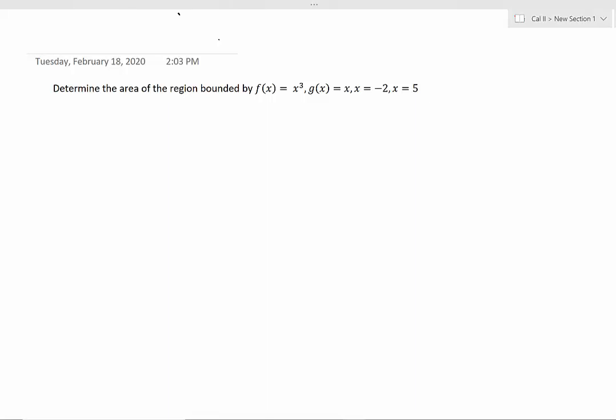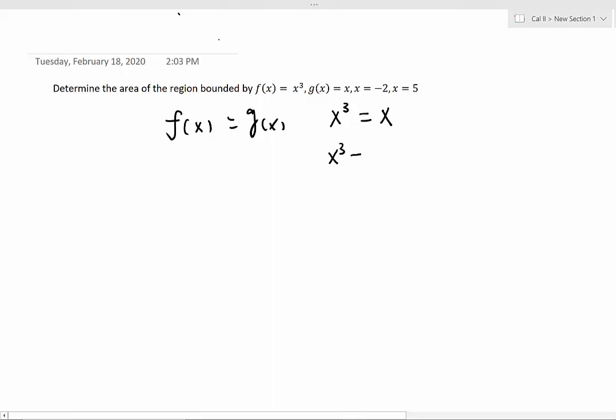In order to find the intersection between the functions, we first set the functions to be the same. So I'm going to set f of x equals g of x. We have to solve x to the third, which is f of x, equals x, that's g of x.